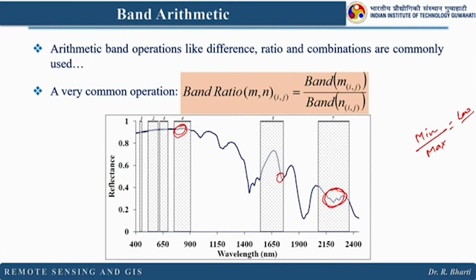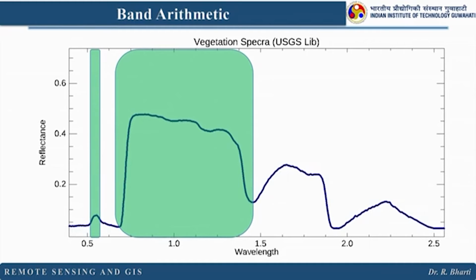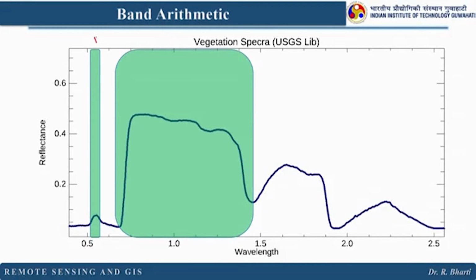But if you divide this by this, then the highest value will represent your target. You have to understand this fundamental and subsequently apply it in your application. Here is another example with a vegetation spectrum and two wavelengths, band 1 and band 2, and you have these two bands available with you, or you can reduce the width of band 2 and let us assume it is here.